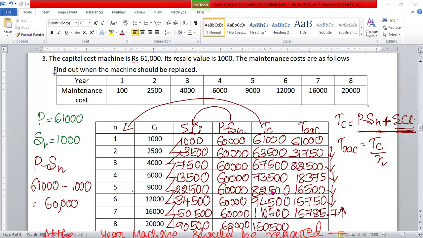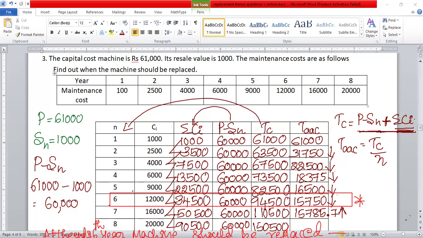So that is the minimum year, the 6th year. Very clear. I'm so sorry, please correct it. This is the last minimum, 15,750. After that 15,785. So at the end of 6th year, machine should be replaced.